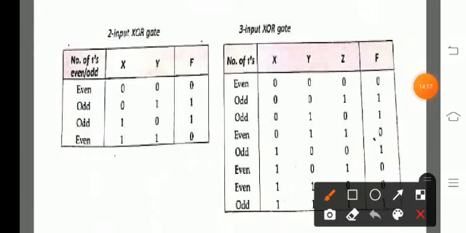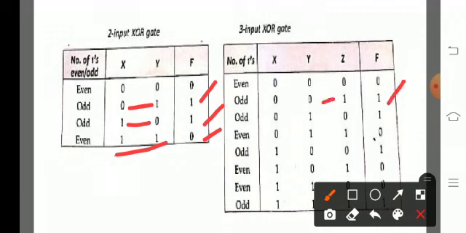So we'll check with the truth table. See here, only odd numbers of 1. Only one 1 is here, so the answer is 1. Here 2 ones are there, so the answer is 0. You know how to write the 3-input table values. Now only one 1 is there, answer is 1. 0, 1, 1, only one 1 in this combination, answer is 1. Then 1, 0, 1, 2 ones are there, so answer is 0.